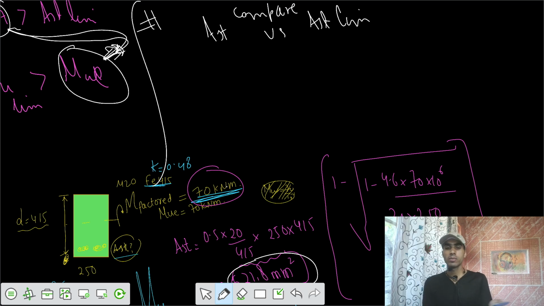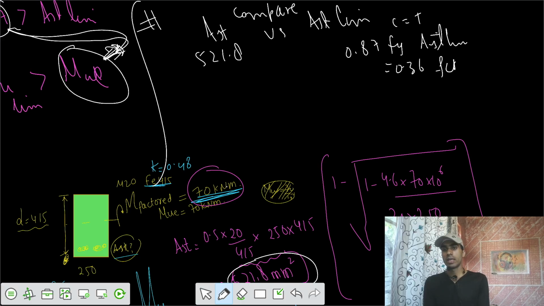Once I get the AST corresponding to the 70 kilonewton meter external moment, I need to find the AST limiting. We can equate from the equation C equals T, so 0.87 Fy AST limiting equals 0.36 FCK B Xu limiting.